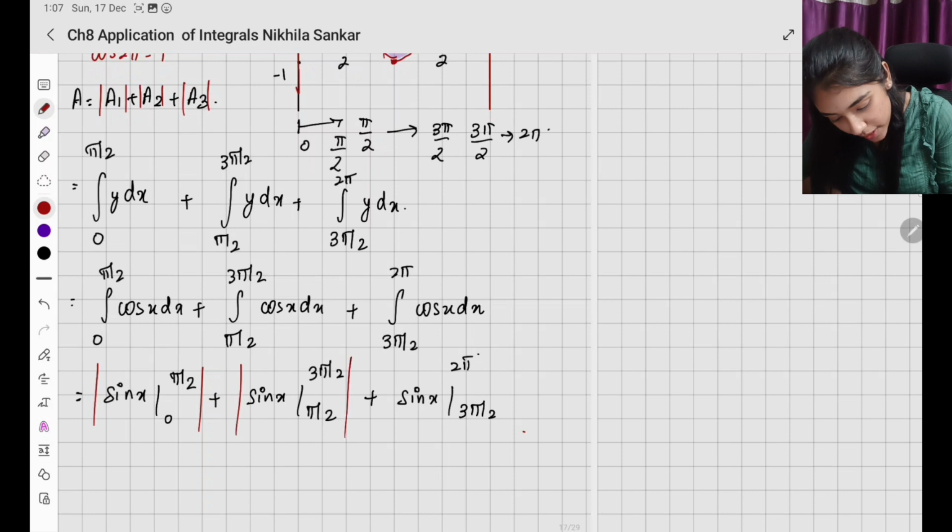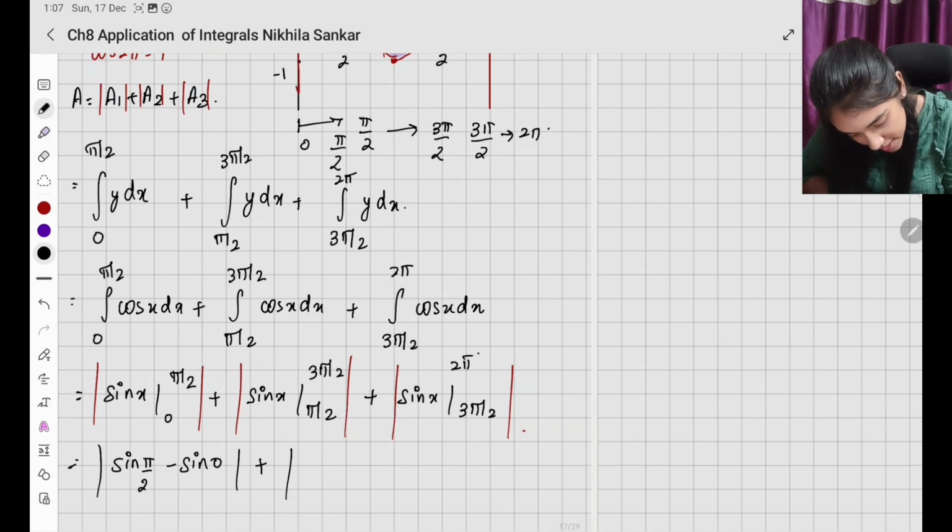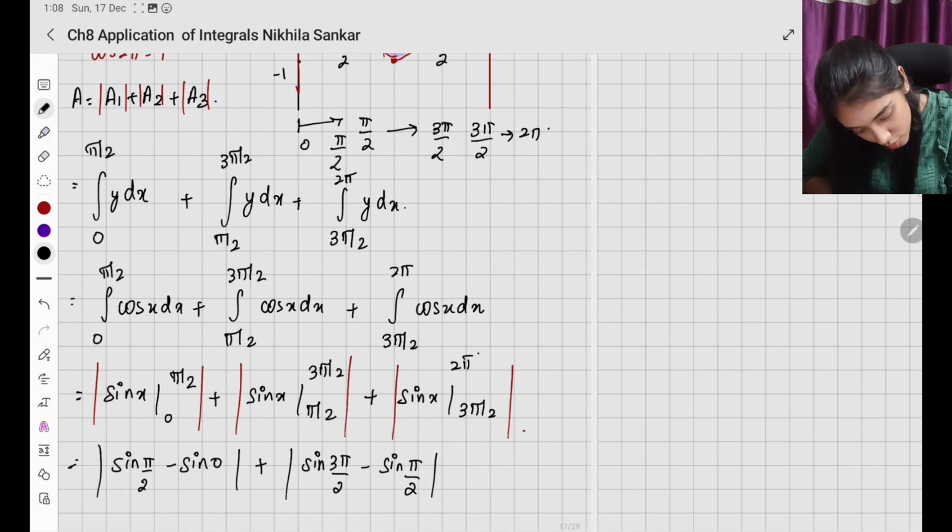So this one absolute value, this one absolute value and this one absolute value. Now when I find the answers, what do I have? Inside the absolute value I have sin pi by 2 minus sin 0, plus the absolute value of sin 3 pi by 2 minus sin pi by 2, plus sin 2 pi minus sin 3 pi by 2.